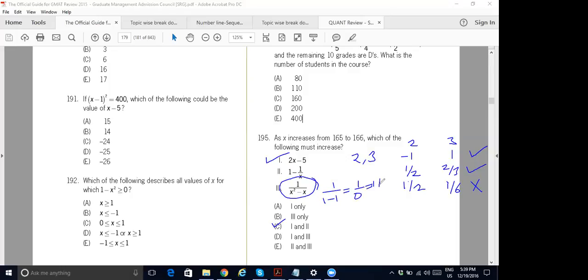So I have to ignore 1 here. I have to use values which make sense and will not make the expression undefined. Okay, I understand.